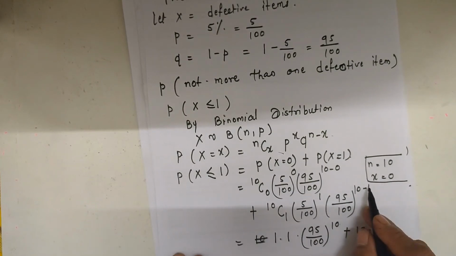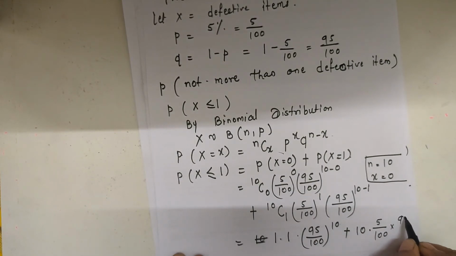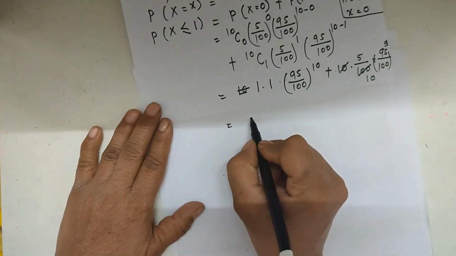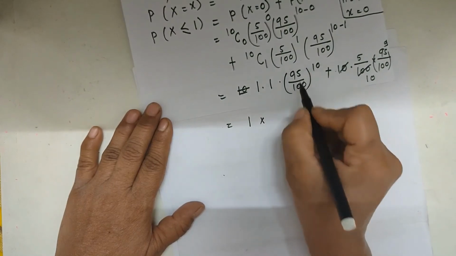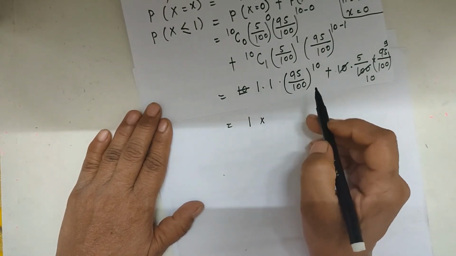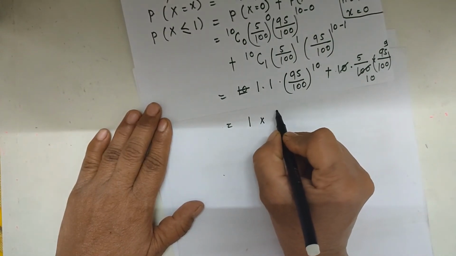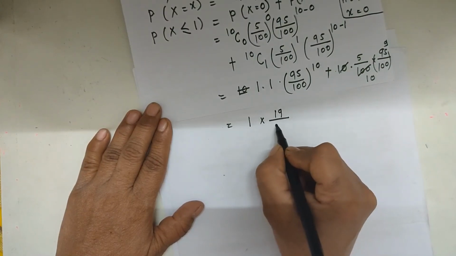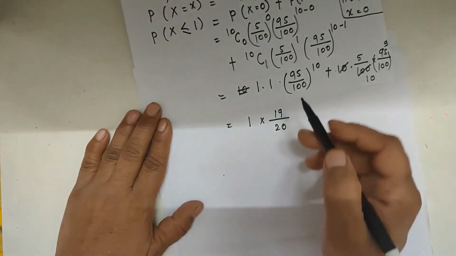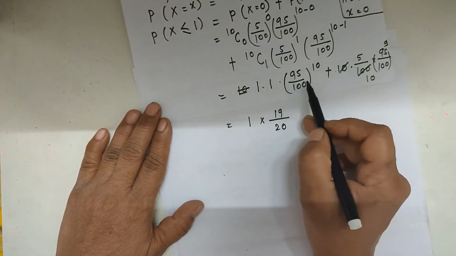into 95 by 100 raised to 10 minus 1, that is 95 by 100 raised to 9. Cutting this we get 1 into 1 into 95 by 100. The shortest form of 95 by 100 is 19 upon 20, dividing by 5 to both the numbers.